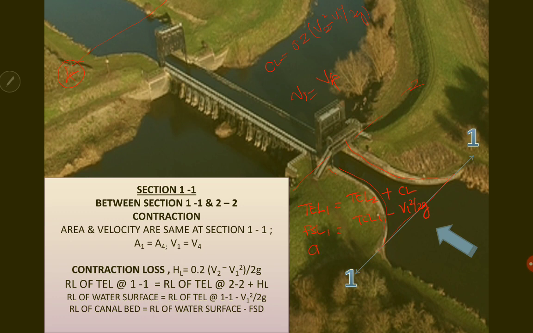And the canal bed level CBL at 1 is equal to FSL at 1 minus small d, that is full supply depth. Okay. So by this we have fixed up all the different RLs or reduced levels of the canal bed and the water surface in the canal.